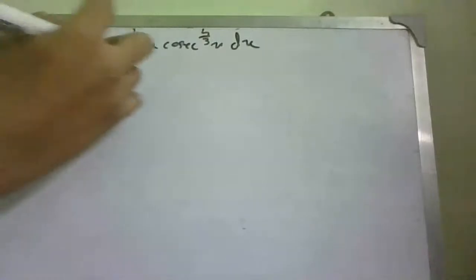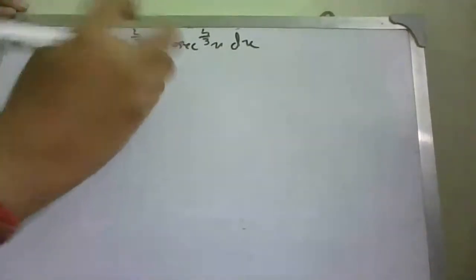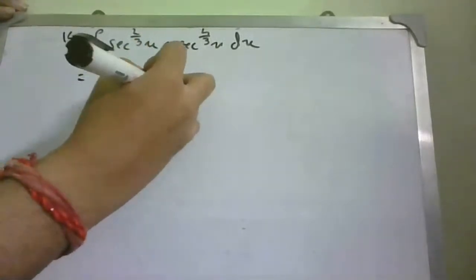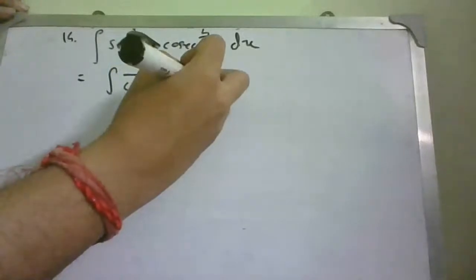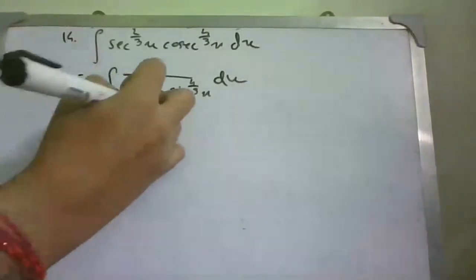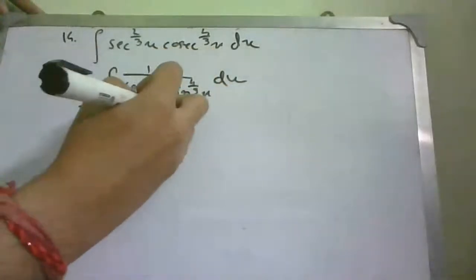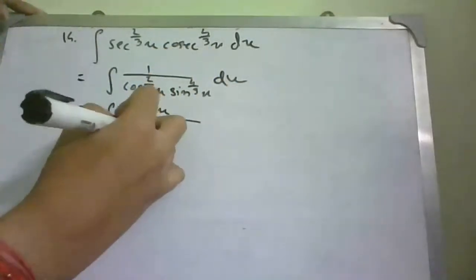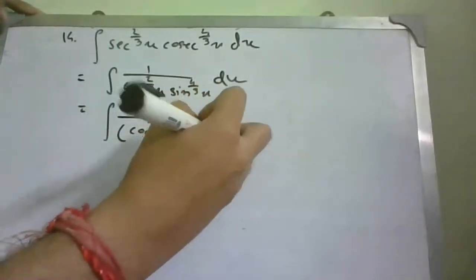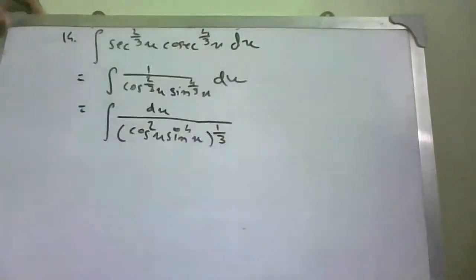Okay, sec is basically 1 over cos 2 by 3 x, and cosec is 1 over sine 4 by 3 x dx. Again, we have sine and cosine combinations, so we can probably try to do something with tan. Since we have 1 by 3 common, let's write it in this manner. Cos square x sine to the power 4x, 1 by 3.